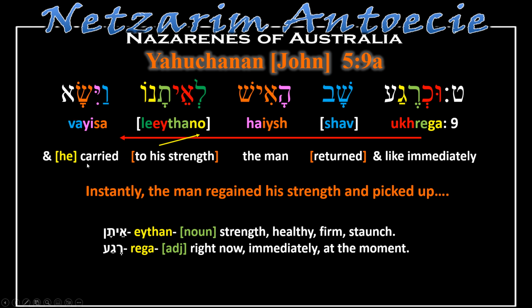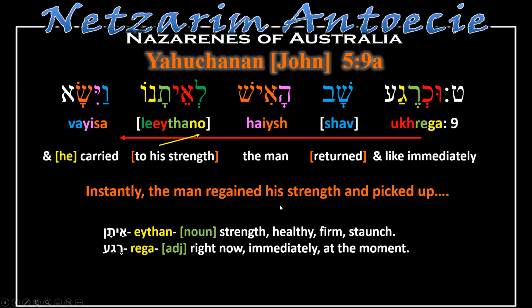Va-yi-sa. And he carried. Why is it carried? We got the prefix again. Because the root is nasa, meaning to carry, to bear, to lift up. And the root is nasa, but the prefix tells us it's a completed form, not an incomplete form, with a vav in front of it. And he carried, a completed action.